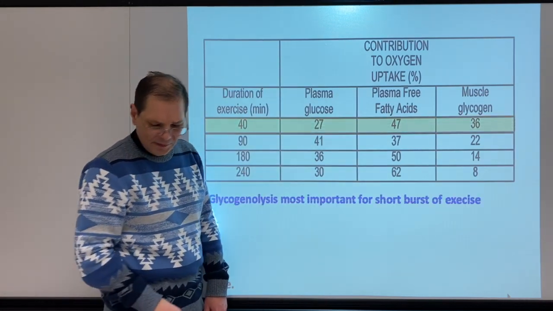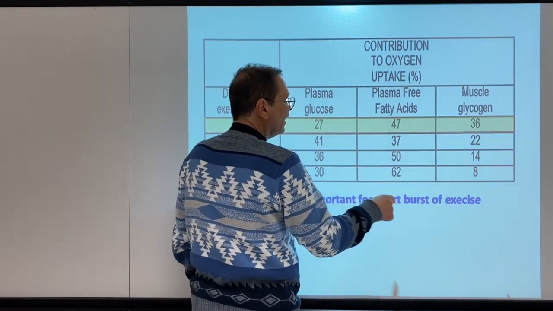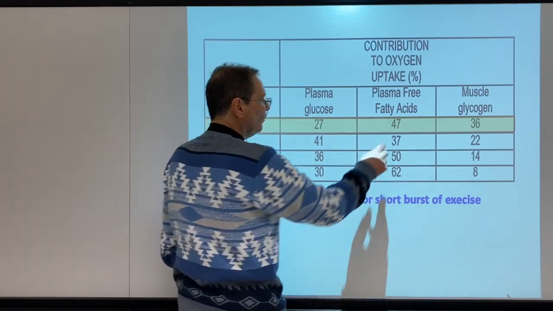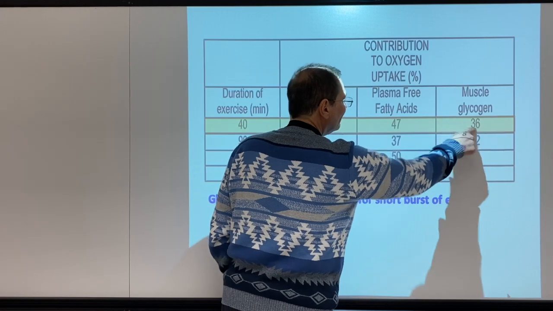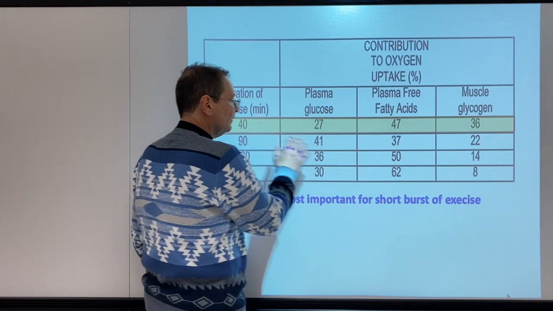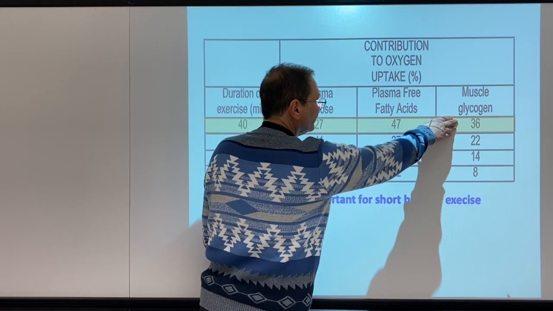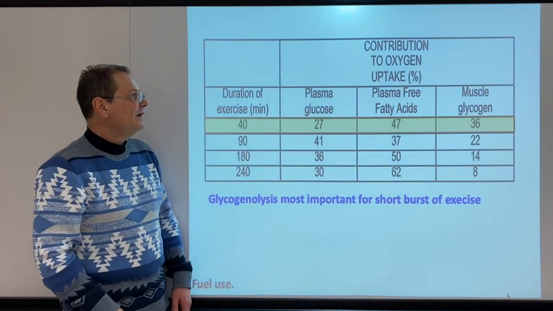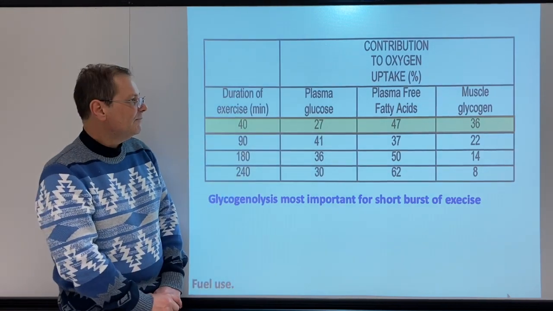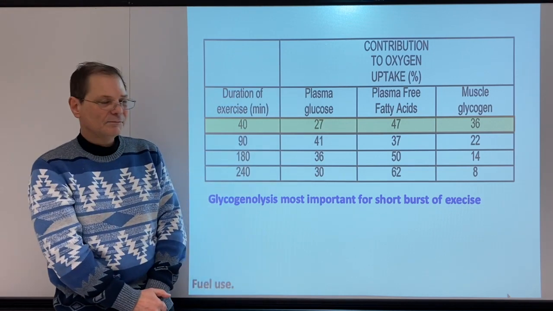So if we look at short-term exercise, 40 minutes or less, we utilize both fatty acids and muscle glycogen to a large extent. With the short-term, glycogenolysis is the most important for a short-term burst of exercise. It's contributing a lot to maintaining metabolism at this relatively short 40-minute mark, okay?